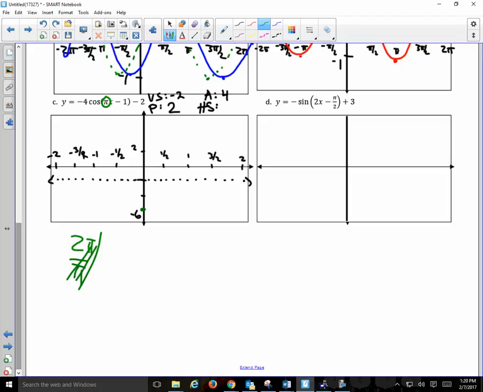It's negative. It's cosine. Good. Start at the minimum. Head up. That's my ghost graph.